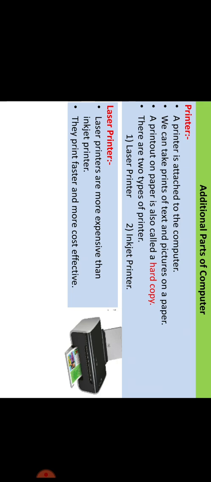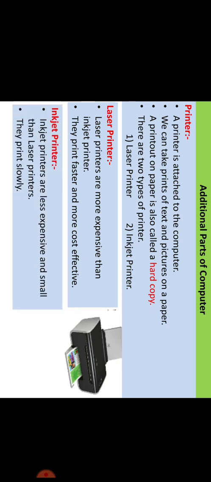Now the next is inkjet printer. See, this is the inkjet printer. This picture shows the inkjet printer. Inkjet printers are less expensive. Less expensive means what? It requires small money, very small money.